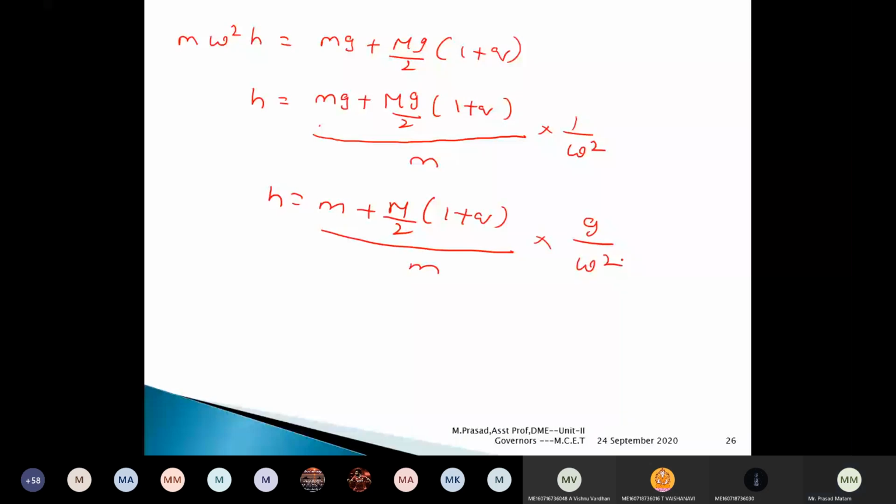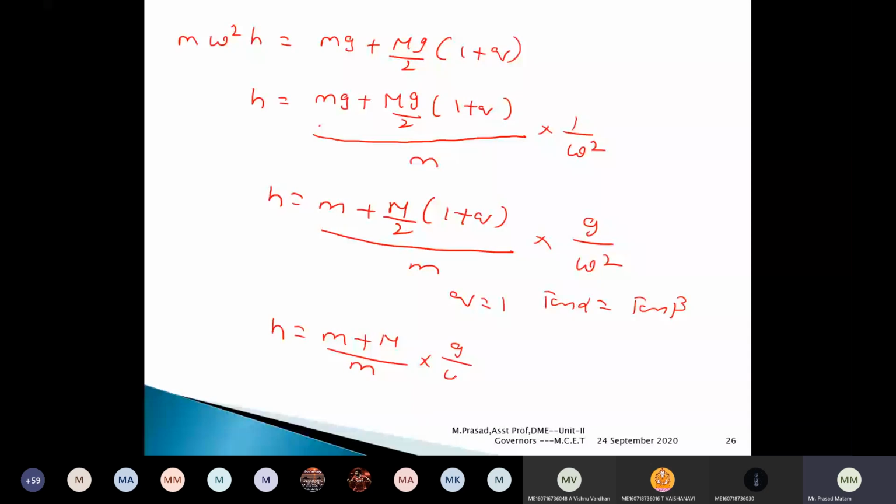Now what I am saying, when q is equals to 1, then tan alpha is equals to tan beta. In that case, what will the equation become? H is equals to m plus capital M by m into g by omega square.